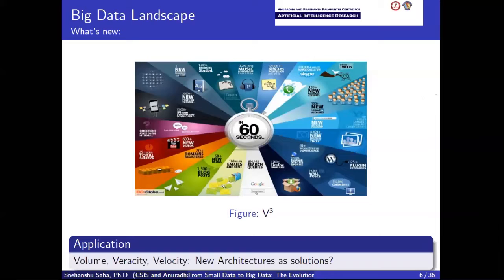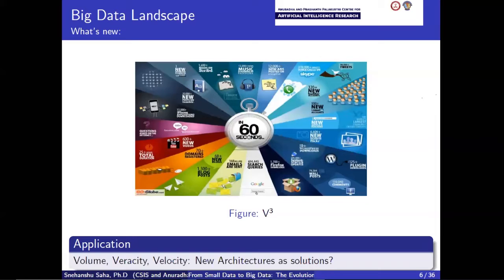Now, what really happened in the last 20 years is that people thought, and they were right to some extent, that one of the ways to deal with all three of these together is to propose new pipelines and architectures. I don't disagree with that, but I don't know whether that is enough.